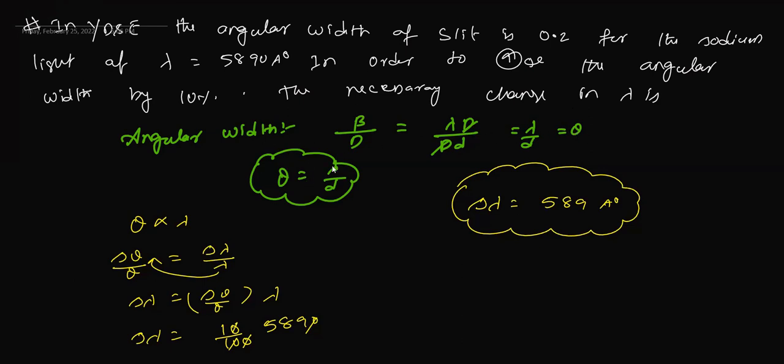So theta equals lambda by d. If d is constant, theta is proportional to lambda. In errors, delta theta by theta equals delta lambda by lambda. So delta lambda equals delta theta into lambda divided by theta, which is 10 by 100 into 5890. Delta lambda equals 589 angstroms. That is the answer for this question.